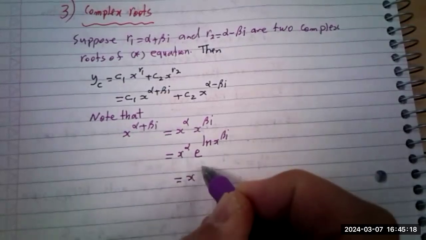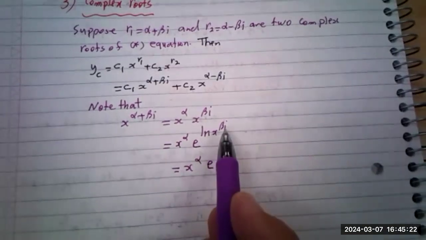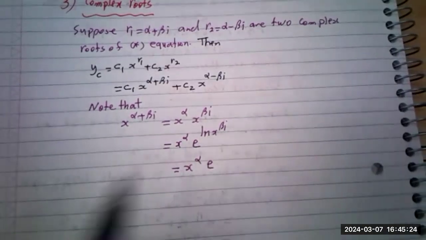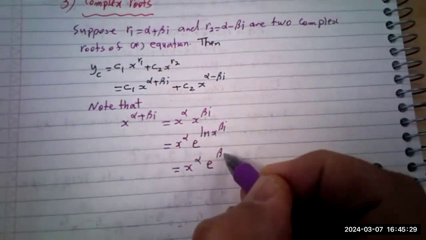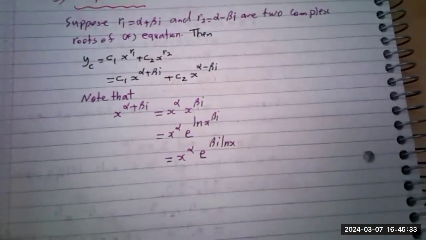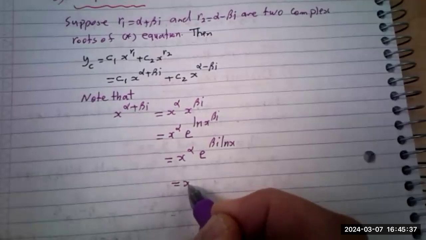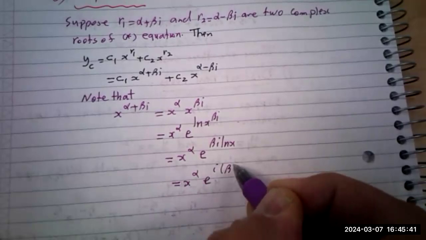So this is going to be x to the alpha, e to the. What I'm going to do is bring that power down. I bring the beta i down, so that gives me beta i times ln x. I bring the power down, so this is x to the alpha, e to the i times beta ln x.